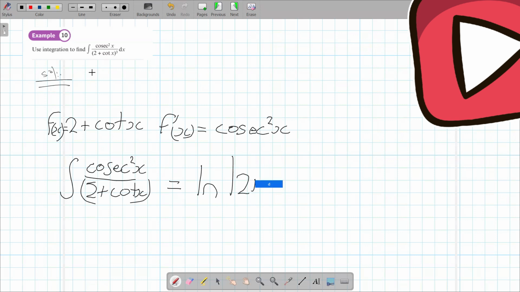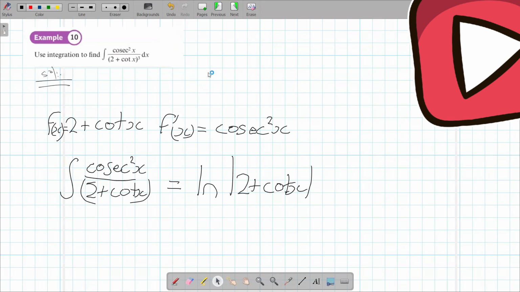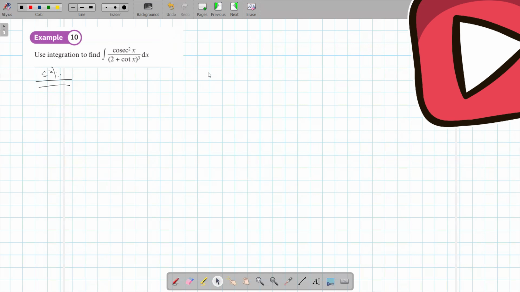There is a power 3 in the denominator. So what do you do with the power?